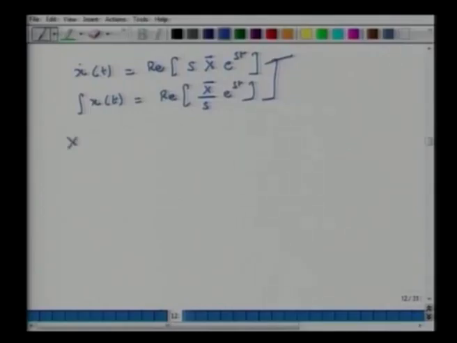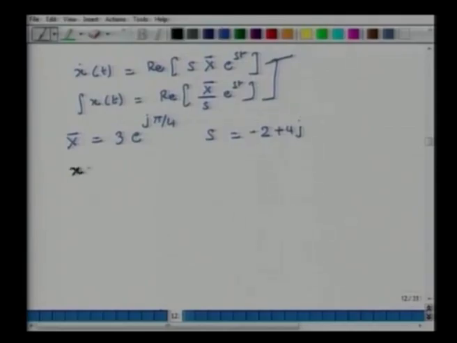So let's say my x bar equals 3 e^(j pi/4), and s equals minus 2 plus 4j.